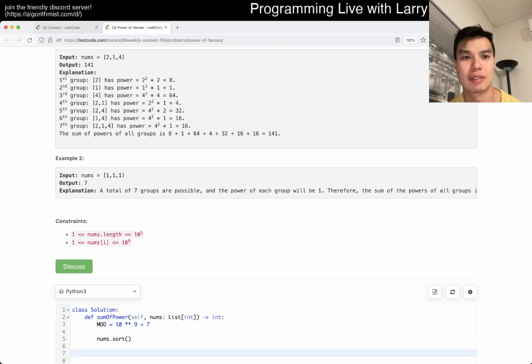That's why I don't know. N squared is going to be too slow. Is there a shorthand for it? I guess it's just like some sort of prefix thing. I guess so.